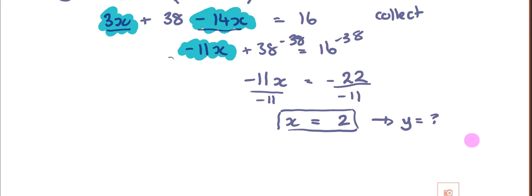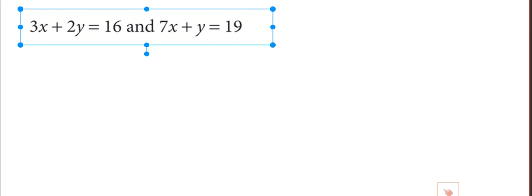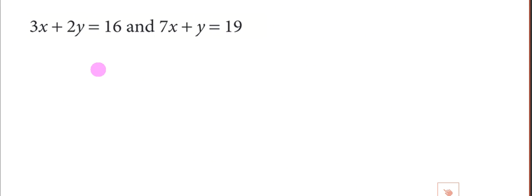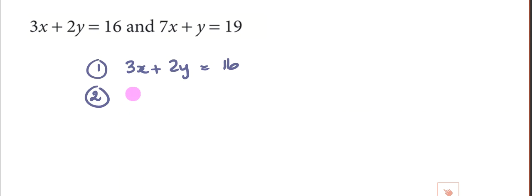All right? We know that x has to equal 2. So let's write it out. It starts exactly the same way. So equation 1 is 3x plus 2y is equal to 16. Equation number 2 is 7x plus y is equal to 19. What do we do?